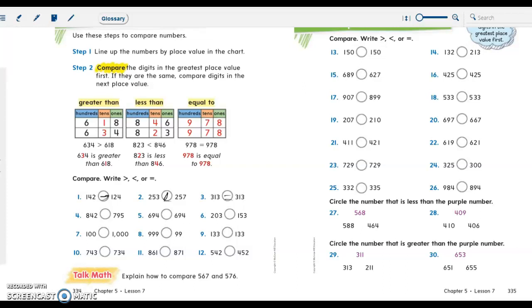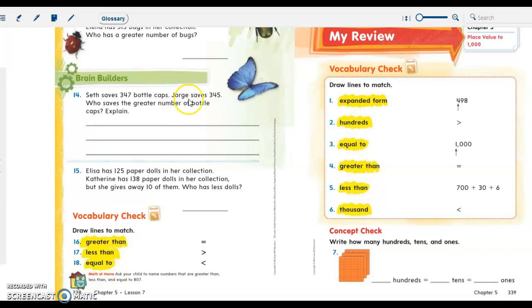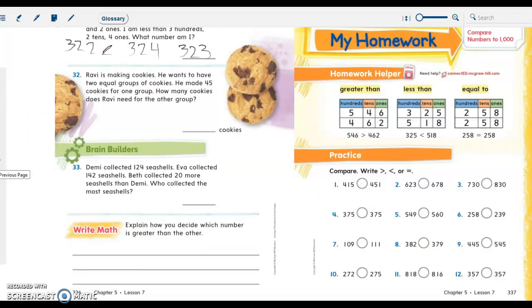The same thing for your homework. If you do not have your workbook, you can complete it within this site, and then once you've completed it, both sides, you can have your parents take a picture of it with their phone, and then submit it on Class Dojo.